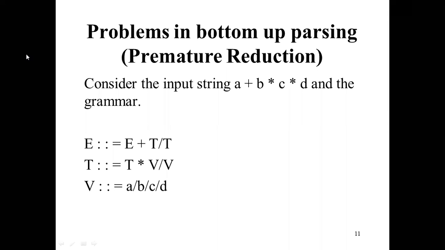So, problems in bottom-up parsing. This is going on premature reduction. So what is the premature reduction? In this way we are unable to get the particular output.